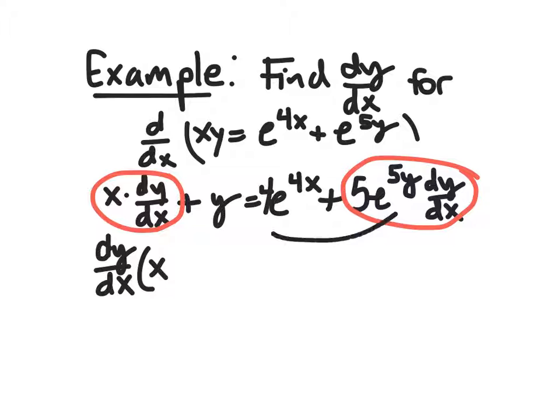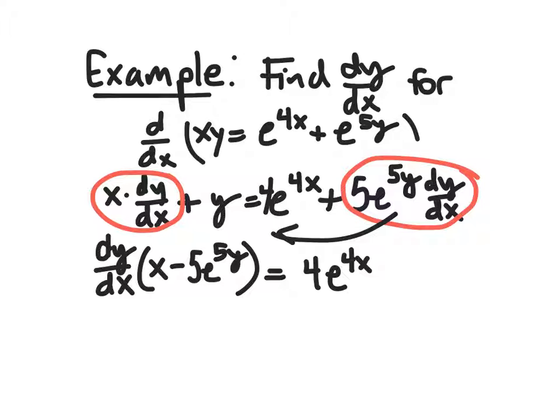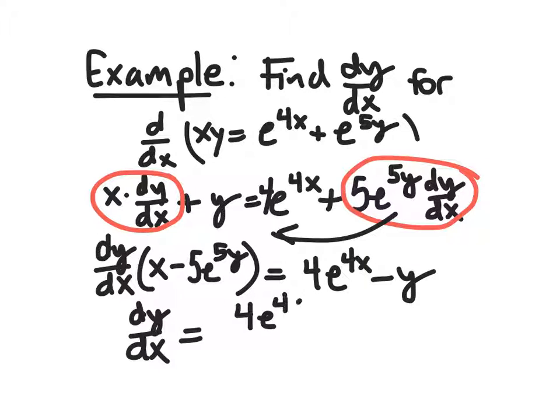And if we subtract that 5e to the 5y term over, we're going to get minus 5e to the 5y equals, so the 4e to the 4x stays on the right side, and to get the non-dy/dx stuff over here, we will subtract that y away. And now this is a product over here, so we can just divide, right, and get dy/dx by itself. So we have 4e to the 4x minus y divided by x minus 5e to the 5y.